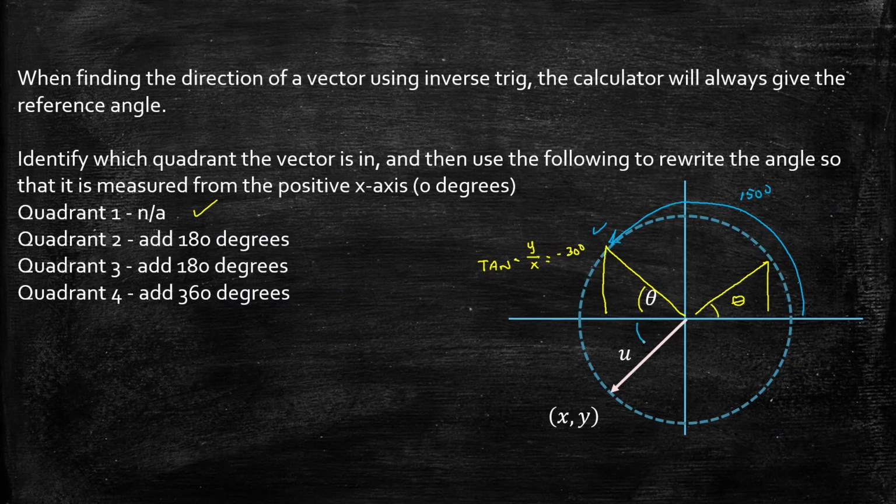Here's my reference angle theta, and going all the way around, I'm going to add 180 plus the reference angle. That accounts for these two. And in this last quadrant, once again, I'm going to get a negative theta value from the reference angle here. Because my y is now negative, my tangent is going to be negative y over positive x, which is going to give me a negative angle theta.